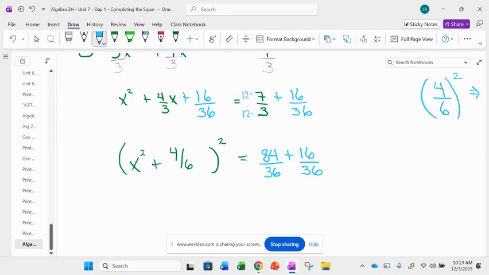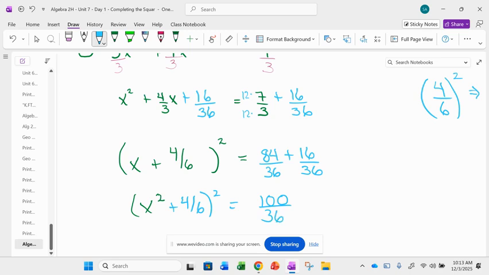So now you might be seeing why I've chosen to leave everything without simplifying. But like I said, if you chose to simplify, it would still work out. Oh, why did I write x squared here? Sorry, nobody caught that. So it should be x plus 4/6 quantity squared equals 100 over 36.